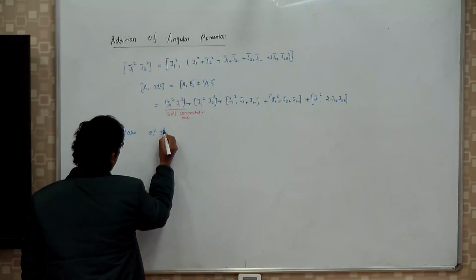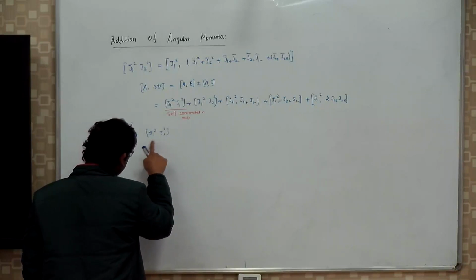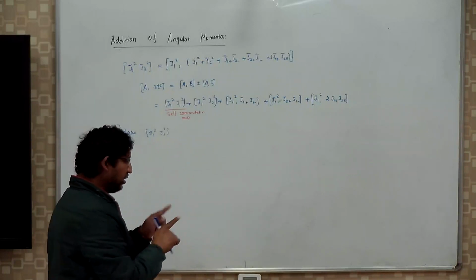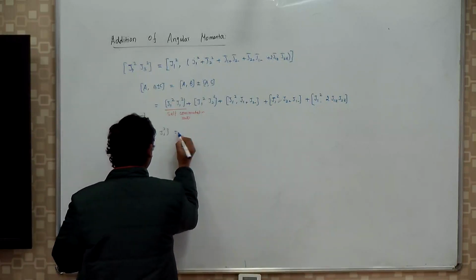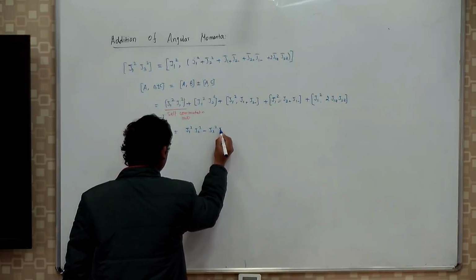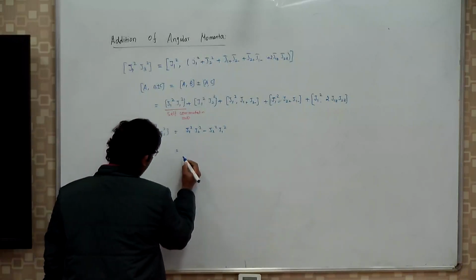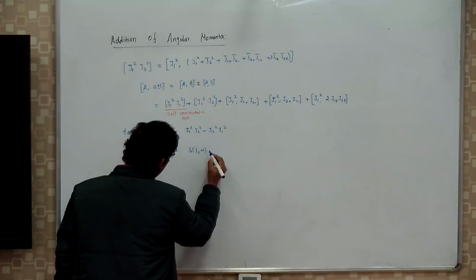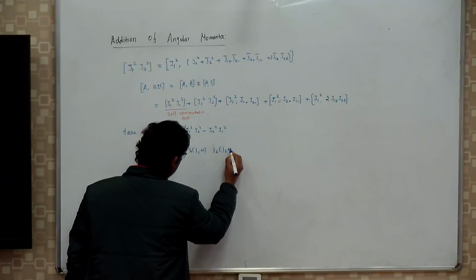Now take J1 squared, J2 squared. As we already discussed, these are two independent systems. If two independent systems commute with each other, it will be 0, though we have to verify how it is actually 0. J1 squared J2 squared minus J2 squared J1 squared. The value of J1 squared is J1 of J1 plus 1, and J2 squared is J2 of J2 plus 1.